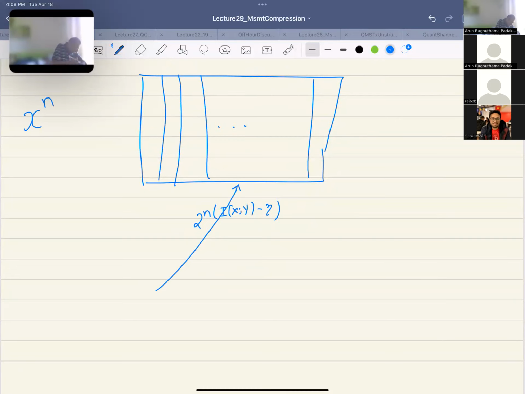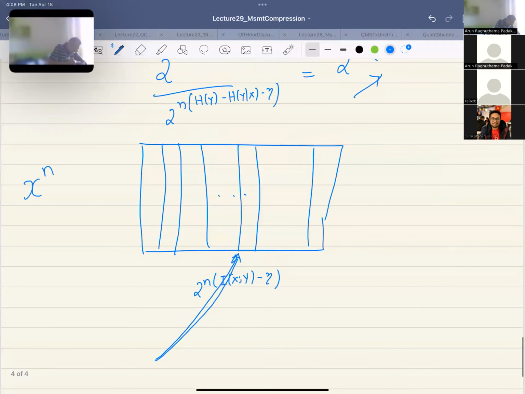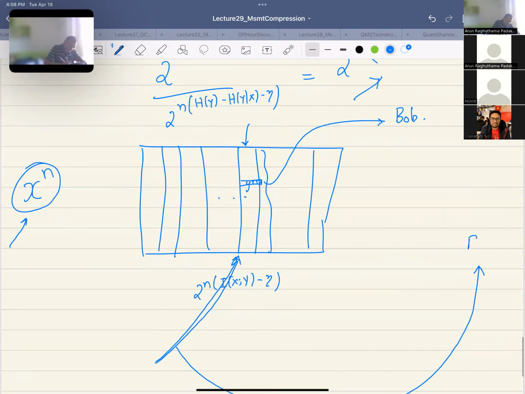There is this common random bit that is completely independent and tells you which bin index to see. In that bin, Alice will look for a sequence yn that is jointly typical with her xn sequence. She will send the index of that sequence within that bin out to Bob. This choice of the bin index is completely random, completely independent of xn, and that is given to Bob also.